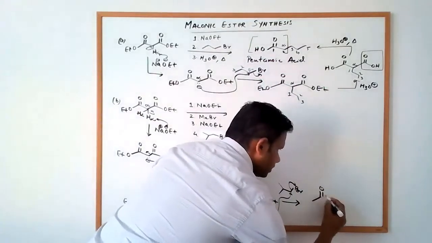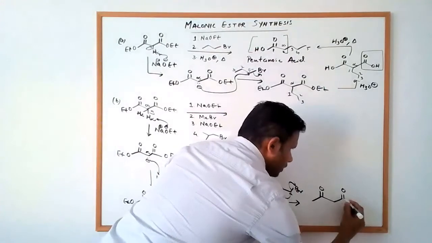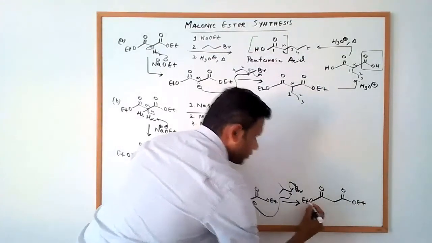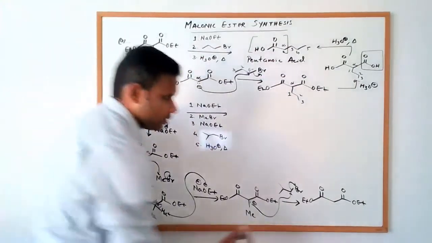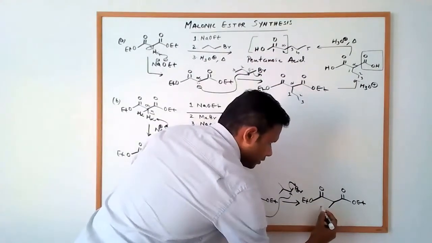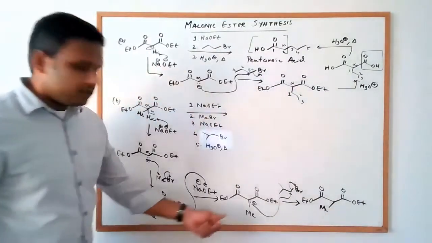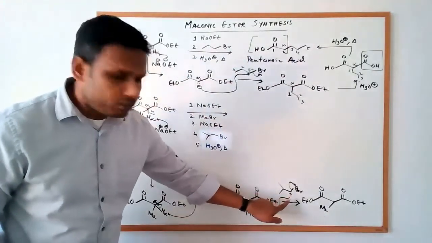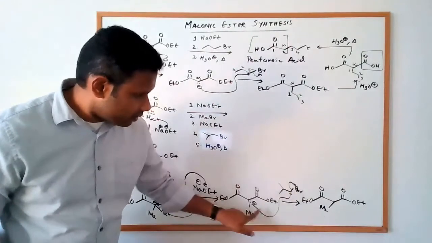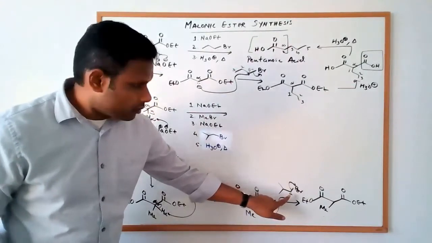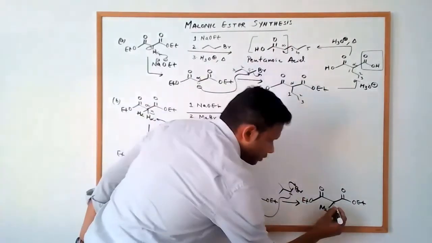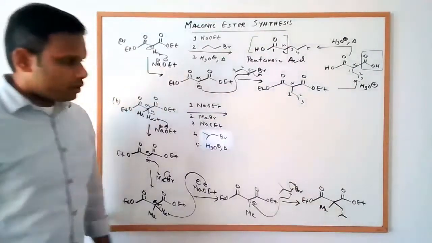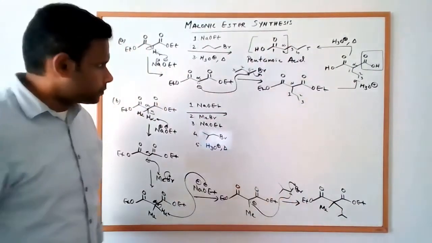So our product here is going to be OEt with a methyl group that we added initially in the first step and an isobutyl group. Now this carbon here, which was the electrophilic carbon, is what's going to be connected. So we're going to have an isobutyl group connected to that carbon.